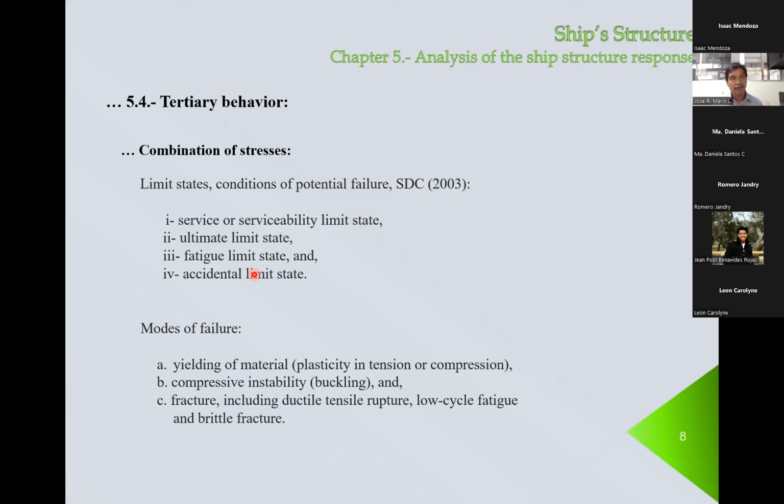Okay, so that's why every time you have a member in compression, you have to check if the stress that you're applying is below the critical stress. Because if you reach the critical stress, that means that the element is not going to be held in the horizontal position. It will try to get away from that situation.